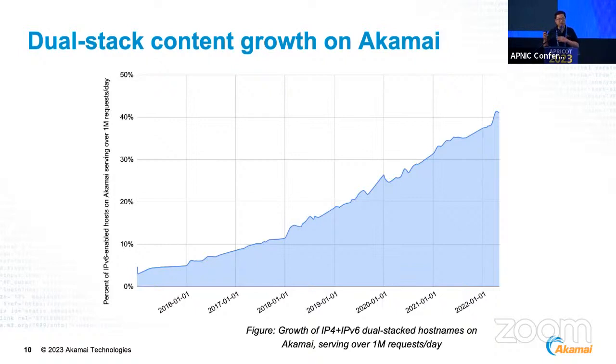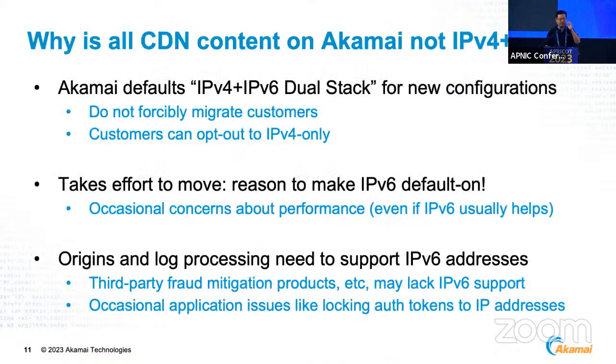So this trend is, number one, because of new customers coming up with default dual stack. And the other is that we are also converting some of the existing legacy customers from V4 only to dual stack. So we expect that this keeps going up, and more and more Akamai content will be on dual stack.